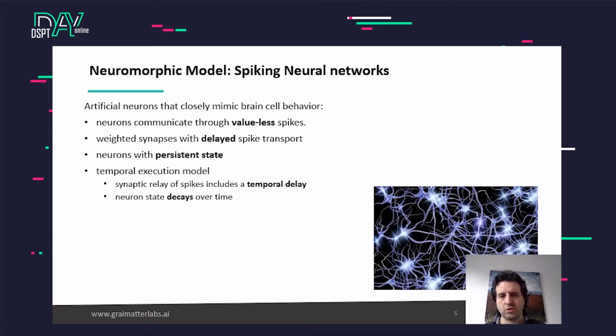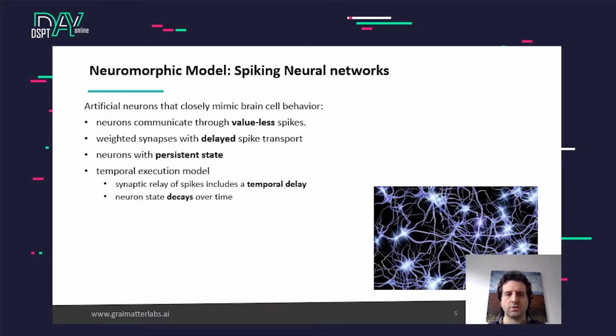So it is known that the signals take time to travel through synapses. That is an important property of the brain, and this is something that spiking neural network models try to model by actually assigning an amount of time that it takes for a signal to be transported by a synapse from a producing neuron to a consuming neuron.